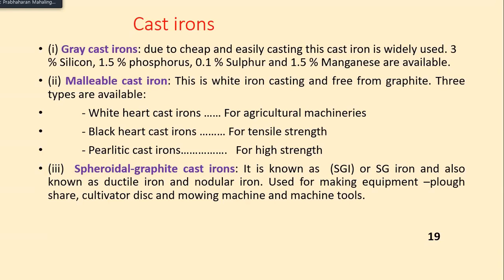Spheroidal graphite cast iron. Spheroidal graphite cast iron, or SG iron, is also known as ductile iron and nodular iron, used for making equipment.